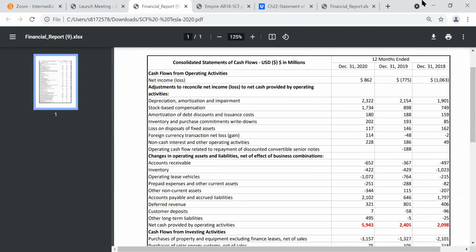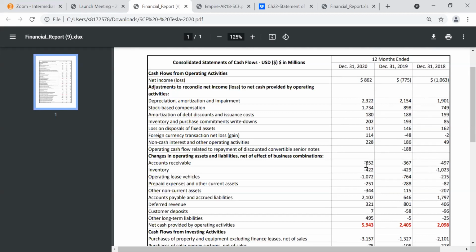Now let's look at the operating activity again. Even though in the first 2 years of these 3-year periods the company has lost, it still has a positive cash flow from operating activity. Again, depreciation and this stock-based compensation are also non-cash expenses. Amortization, all that, results in a positive adjustment.